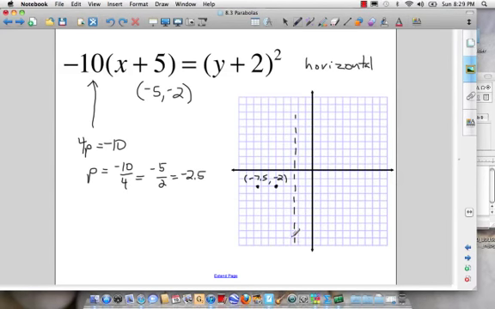And then the equation of the directrix is going to be x = −2.5, because it's a vertical line. And then once those are drawn, I'm just going to sketch my parabola. I'm not expecting that your parabolas will be perfectly graphed, but I do want you to be accurate with your focus as well as your directrix.